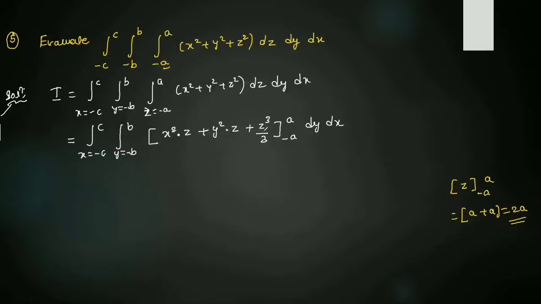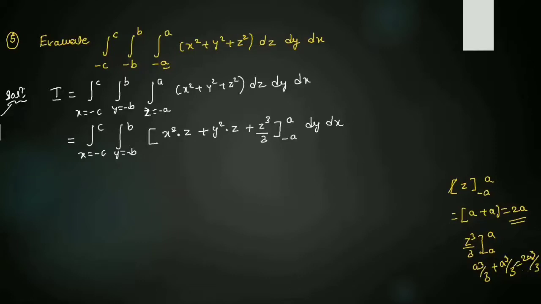What will be here? It is z cube by 3 from minus a to a. If I substitute a, it is a cube by 3. If I substitute minus a, again it is minus, so it is plus a cube by 3. So it is 2a cube by 3.